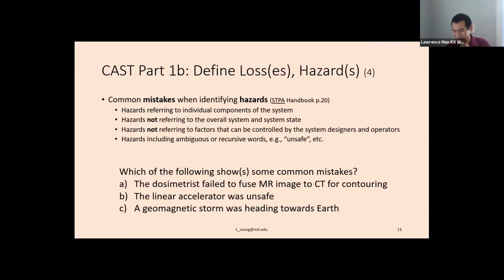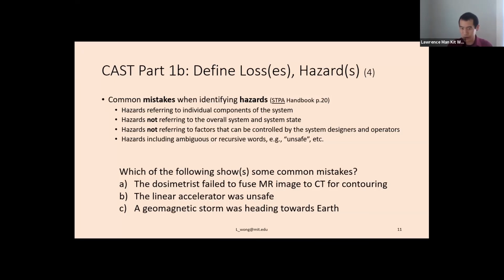What we are dealing with is a radiation oncology system, and a dosimetrist is very much a frontline worker there. And so we don't want to focus our hazard statements on just the front line. In that sense, it has dived too much down into the weeds.